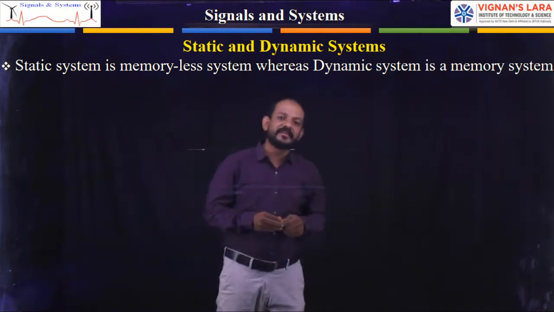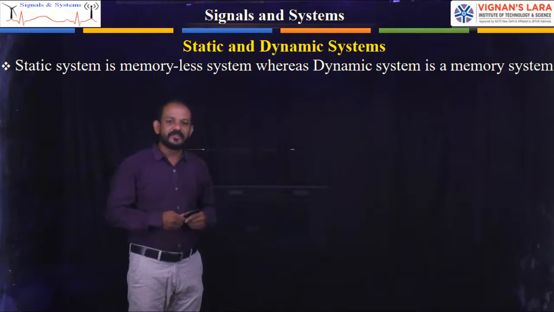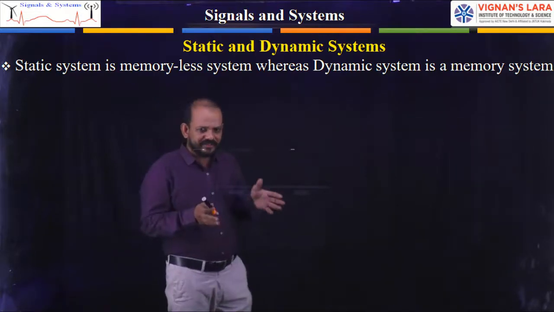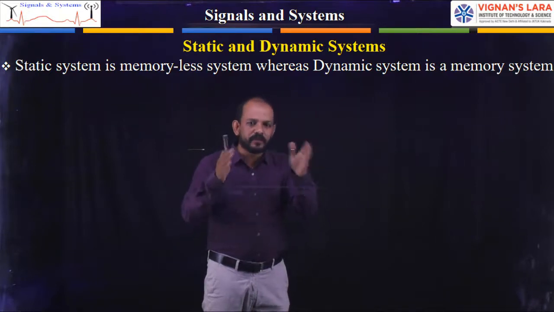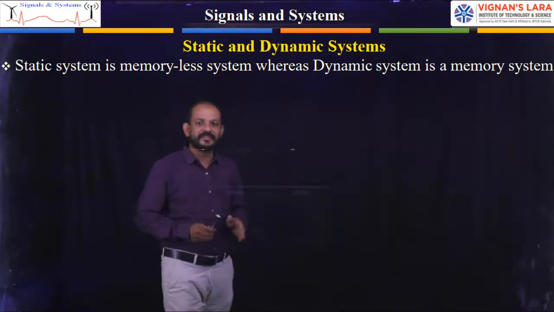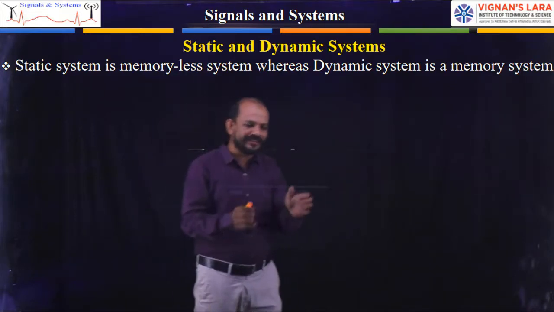And static means constant. He is a constant, static person. He will do the work that is specified to him at the present time. If I assign a work at the present time, he will do the work at that time only.